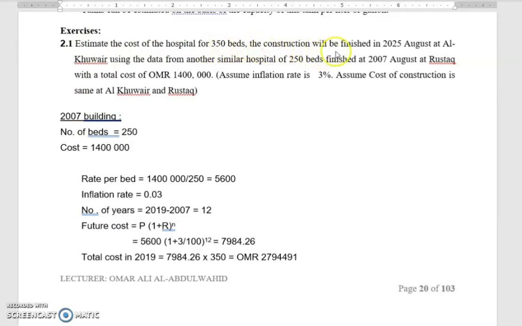The construction will be finished in August 2025 at Al Khuwair, using the data from another similar hospital of 250 beds finished in August 2007, the same month, at Al Rustaq, with a total cost of 1,400,000, and assume the inflation rate is 3%. Assume the cost of construction is the same at Al Khuwair and Al Rustaq.